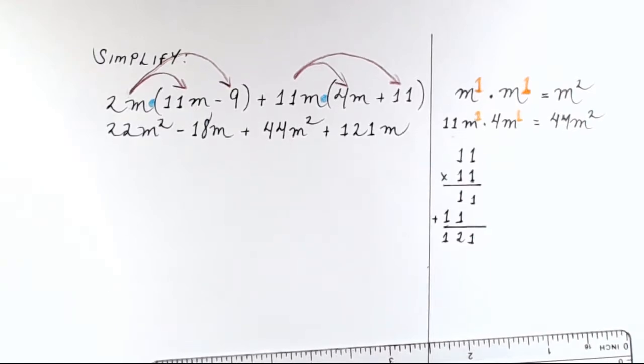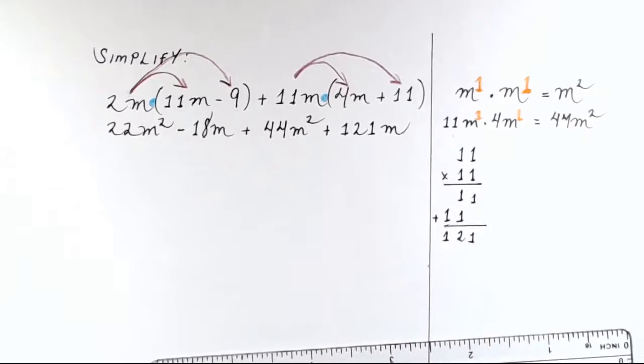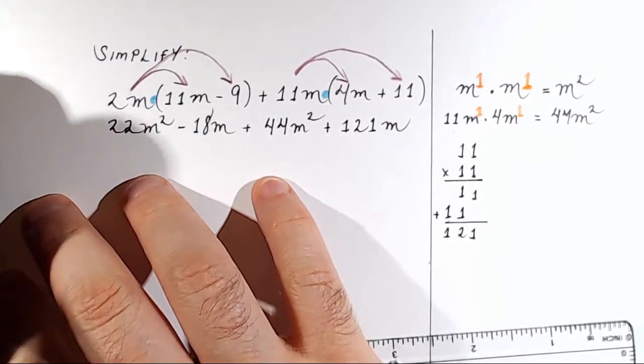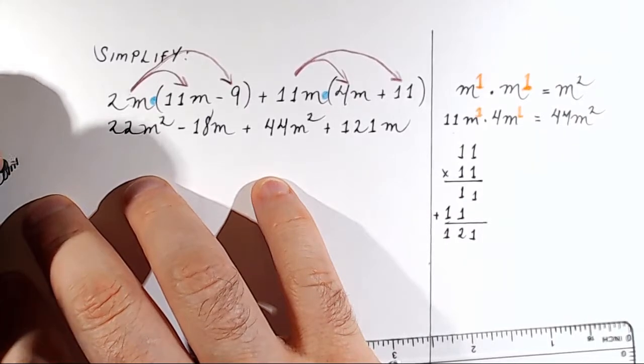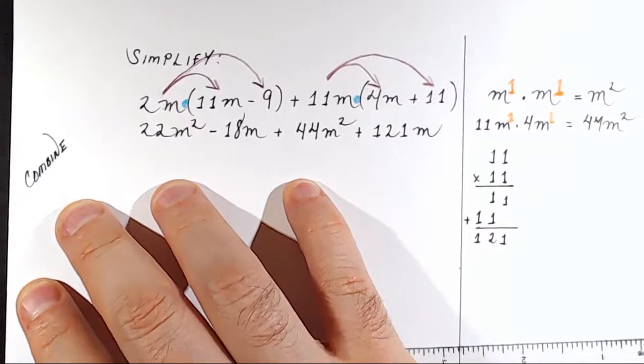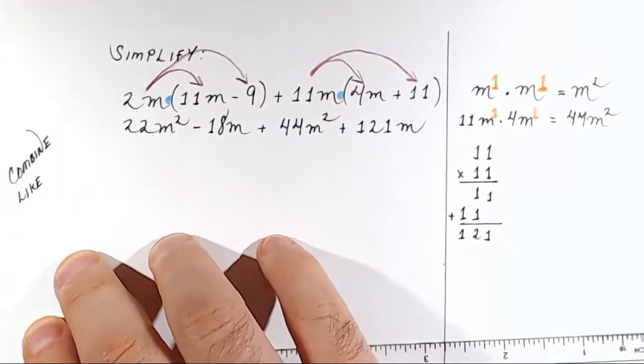Okay, now what? Well, we just continue to simplify. This is where we have to do something called combine like terms.